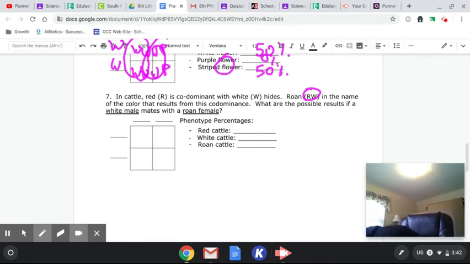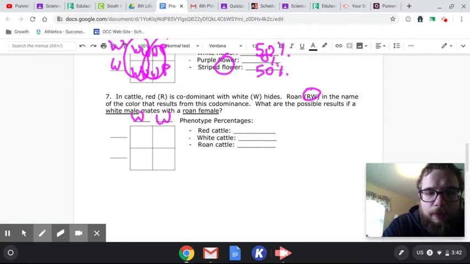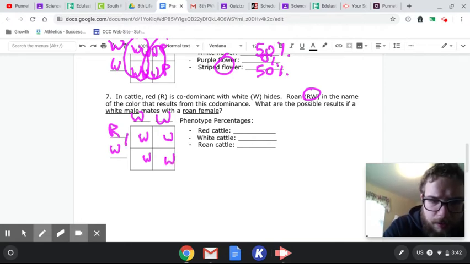Stop biting my chair. All right, so we've got white male, which means WW, and we've got roan female, which means R and W. So let's fill this guy out. Drop my W's down. WW, WW, R going across, and W going across.